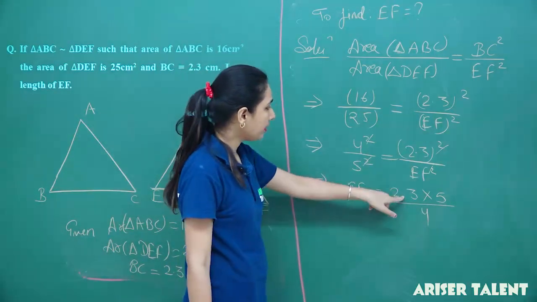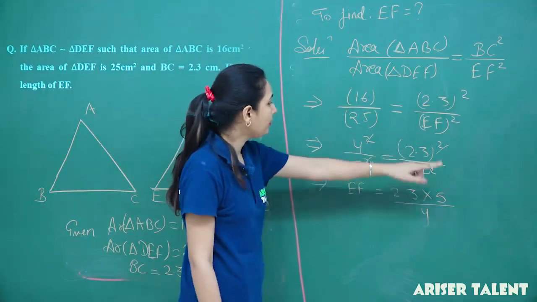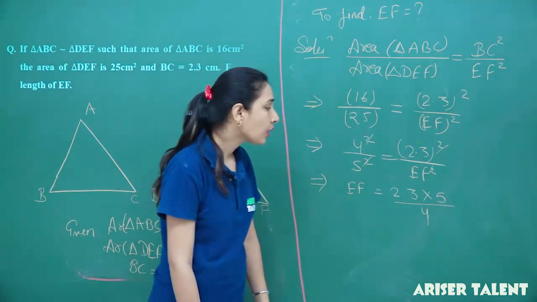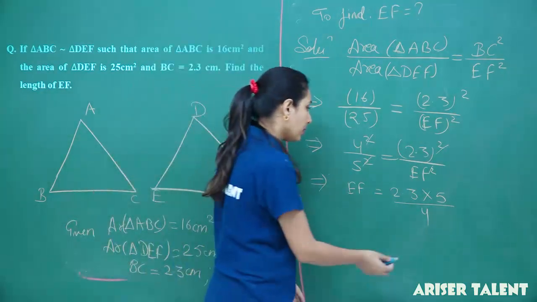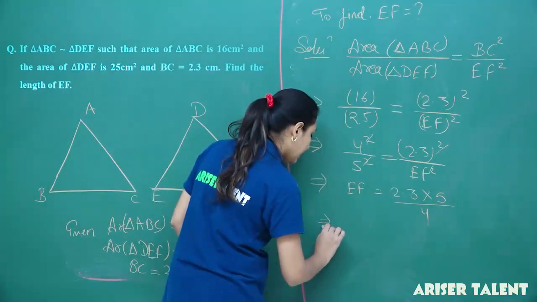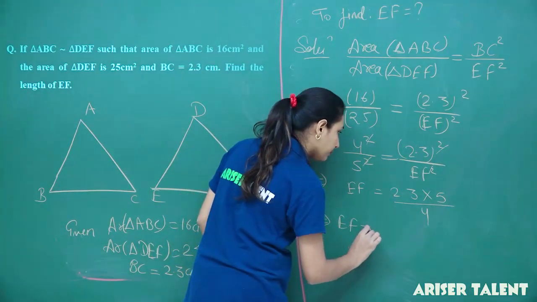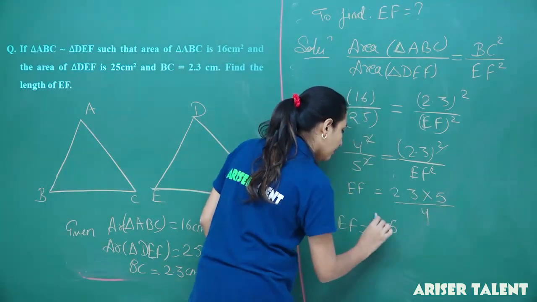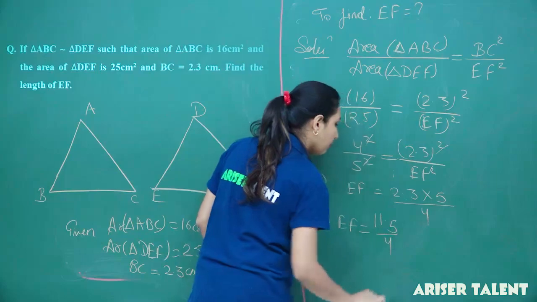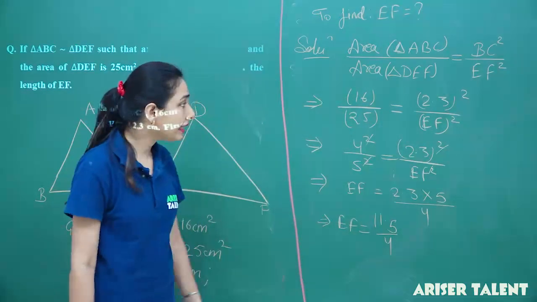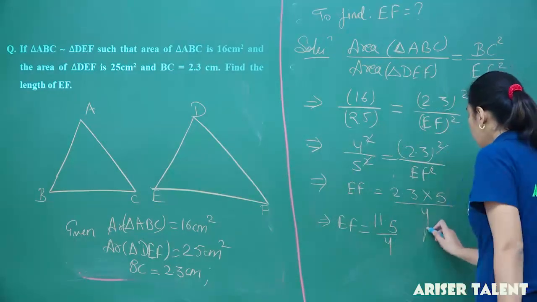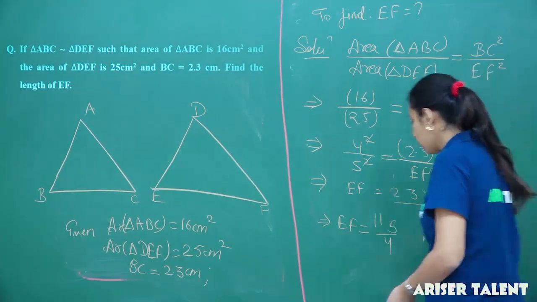This 2.3 here, this 5 here, this EF here, and this 4 here, right? Now we can just solve it, and that will give you EF equals 11.5 by 4. Now solve it and you will get the answer. So this is your answer, my dear students.